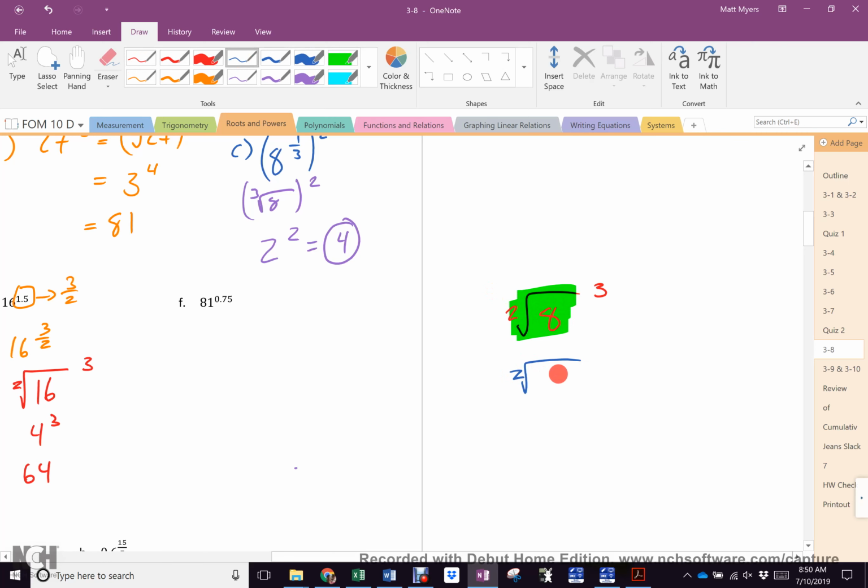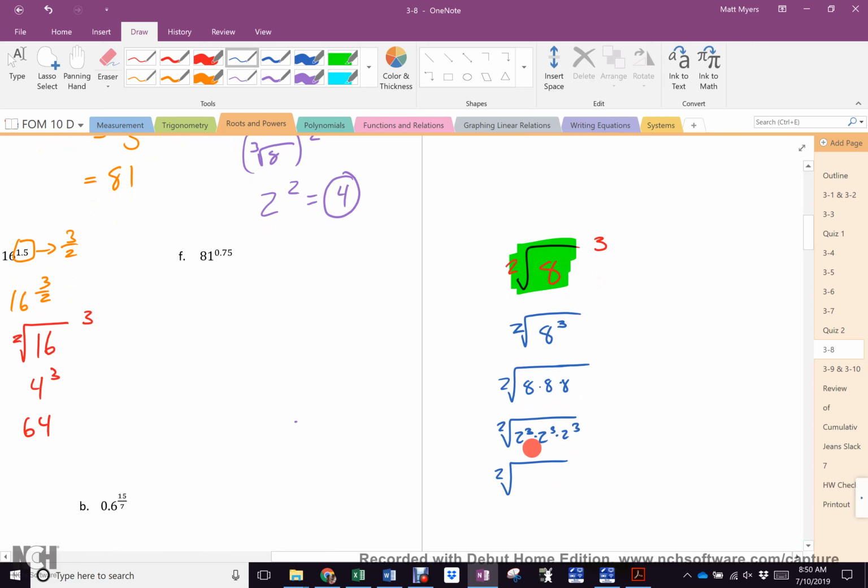It is still the square root of 8, but bring that 3 in here. Now, I have the square root of 8 times 8 times 8, right? Which is the square root of 2 cubed times 2 cubed times 2 cubed, right? Which means it's the square root of 2 to the 9th, right? How many groups of 2 can I get out of there?